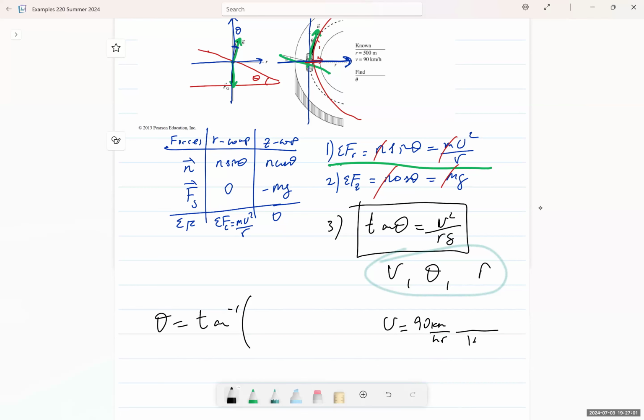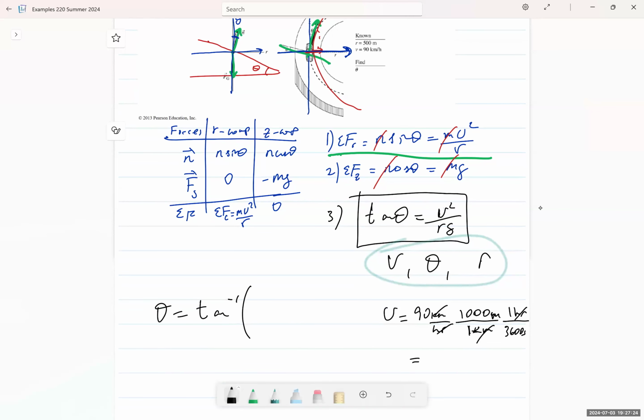One kilometer is 1,000 meters, and one hour is 60 minutes, each 60 seconds, so 3,600 seconds. Kilometers cancel out, hours cancel out, and you have meters per second. If we calculate this, we get 25 meters per second.